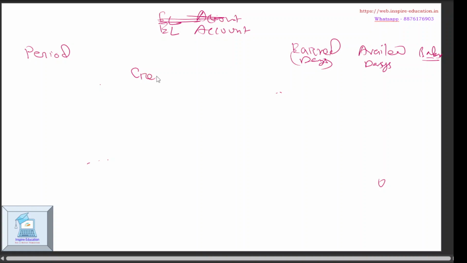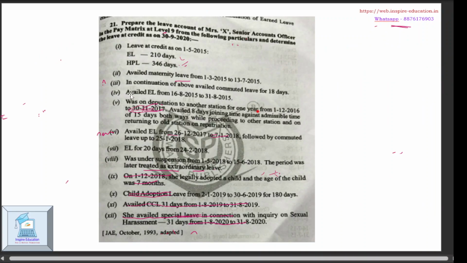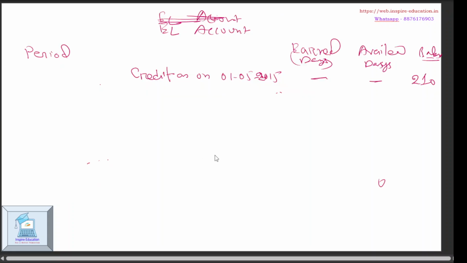So we are given credit as on 1/5/2015. It is given as 210 days. Okay, then after that he has taken EL on which date? Yes, EL from 16/8/2015 to 31/8/2015.